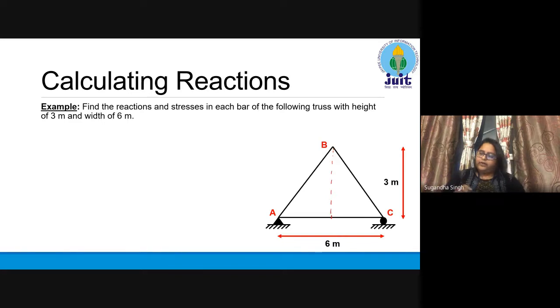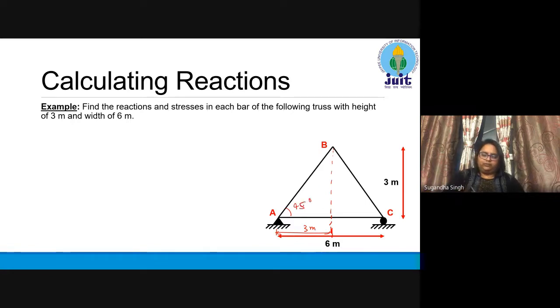If we draw a perpendicular bisector from joint B, the length from A to this point is about 3 meters, and the height of the truss is 3 meters. So this angle becomes 45 degrees.